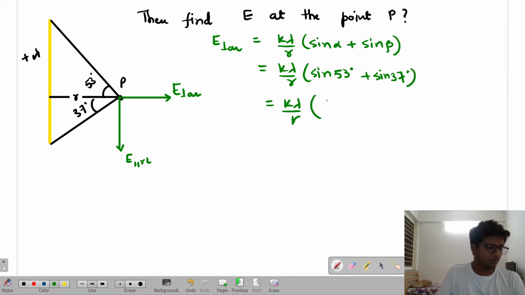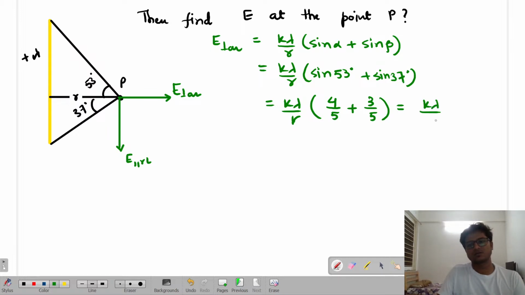Sin 53 is 4 by 5 and sin 37 is 3 by 5. So this is 7 by 5 k lambda by r.